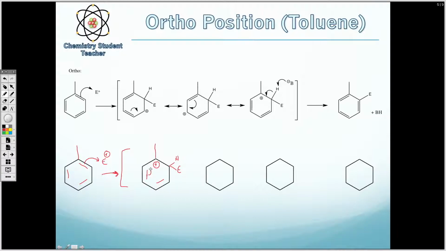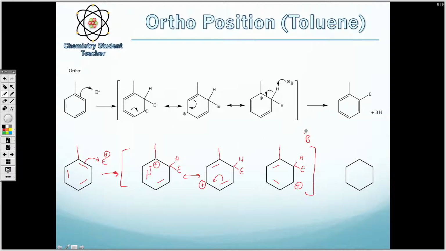Like I said, resonance structures, so we can push that pair of electrons there and move the cation around. Still got our two double bonds in here. Not forgetting our double-headed arrow, just to say that it's a resonance structure. Once again, we can move this charge around and we will have something that looks like this. Carbocation now placed on this carbon, electrophile there, hydrogen still there, and our toluene substituent.